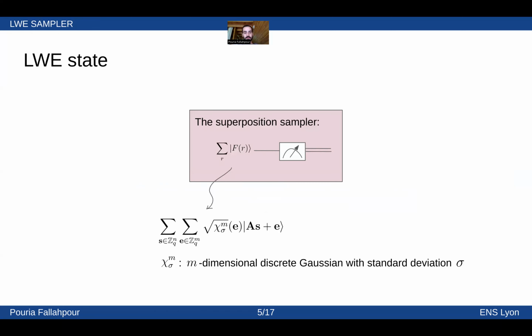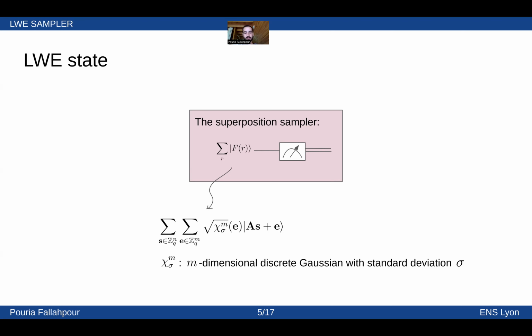So as the general idea, we're going to use the superposition sampler. So we are going to construct a superposition of all LWE outputs, which we also call LWE instances. The superposition of LWE instances, which we also call LWE state, is something that looks like this state, a superposition of As plus e, where the amplitudes that correspond to s are uniform, and the amplitudes that correspond to the noise e are chosen to be distributed as the square root of the Gaussian distribution.